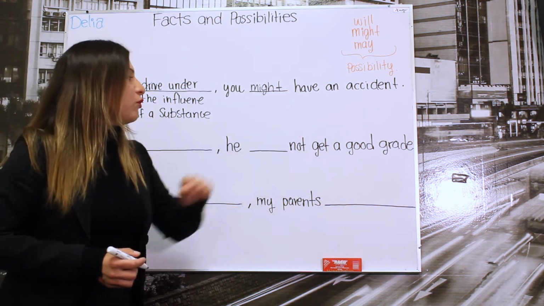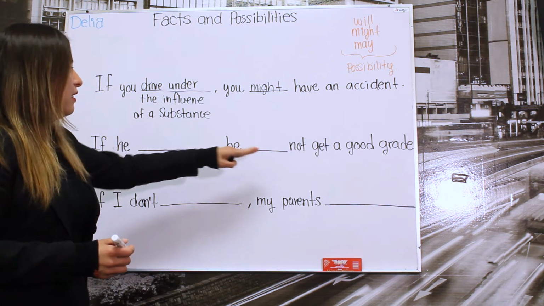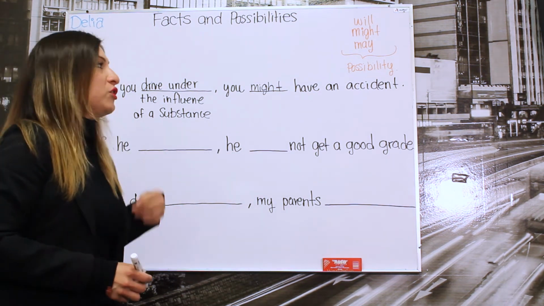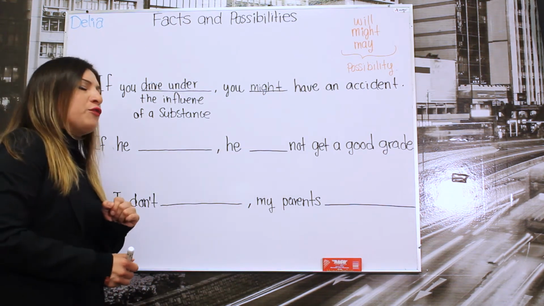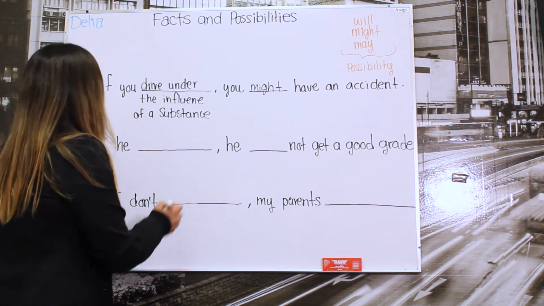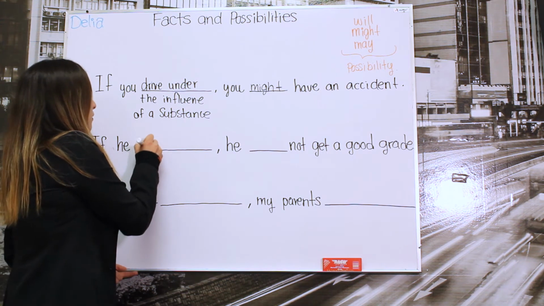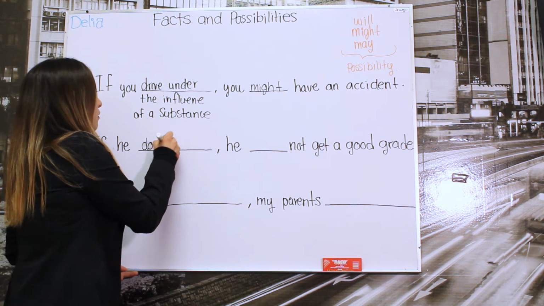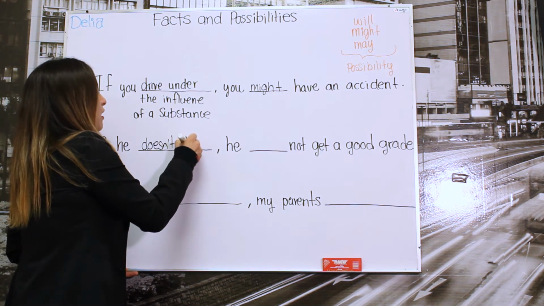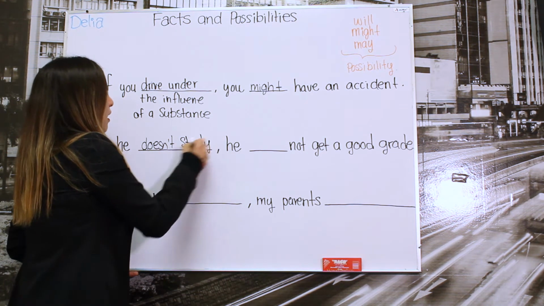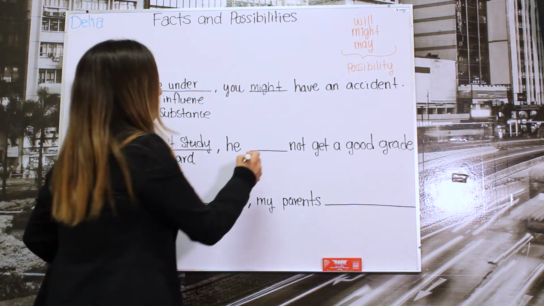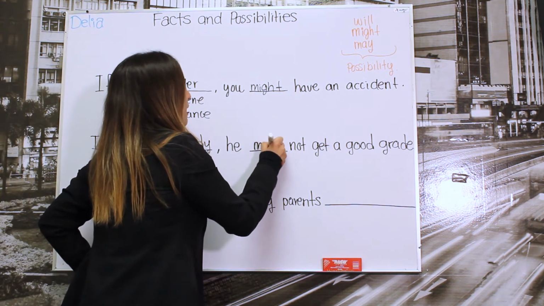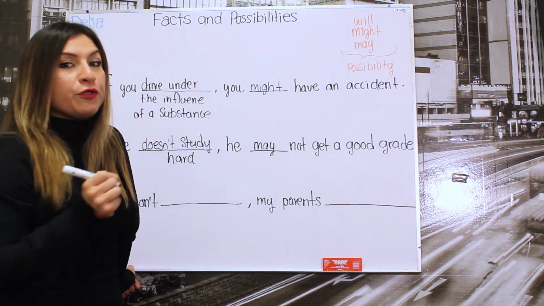He not get a good grade. In this space, of course, we need a helper which represents a possibility. Let's imagine that the action is the next. If he doesn't study hard, he may not get a good grade.